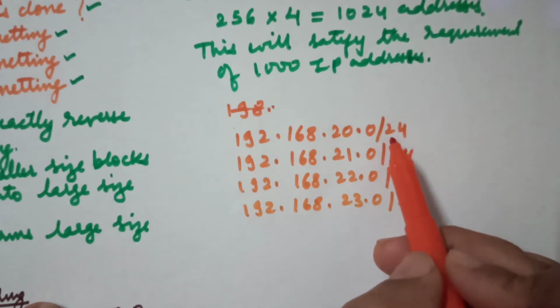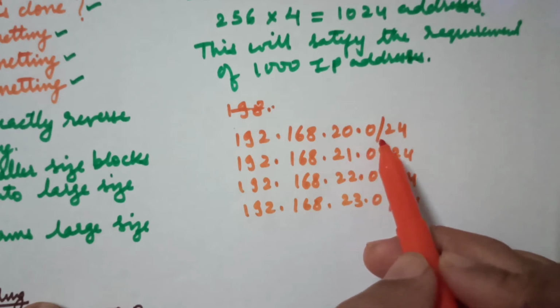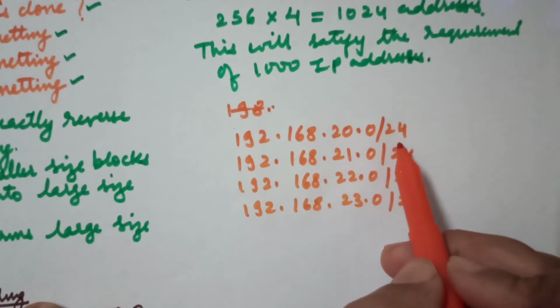Here /24 means that there are 24 bits towards the network side and remaining 8 bits out of the 32 bits are towards the host side.